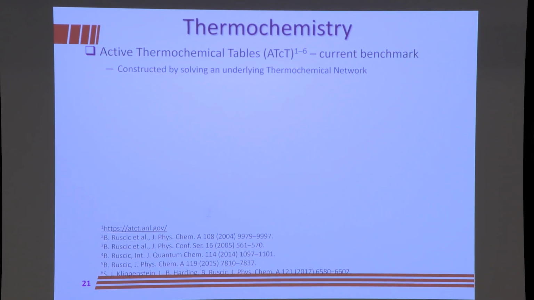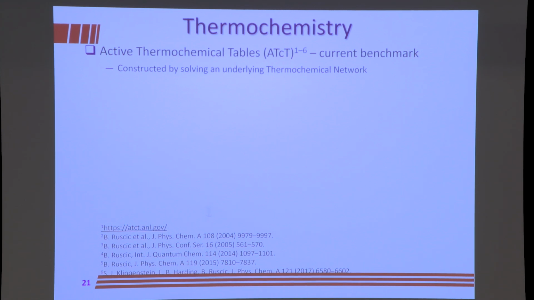It's constructed by solving an underlying thermochemical network. So it's Branko Ruscic who maintains it at Argonne with other people, including Stephen Klippenstein, who does calculations to help support the network.